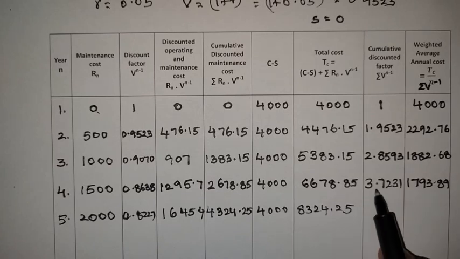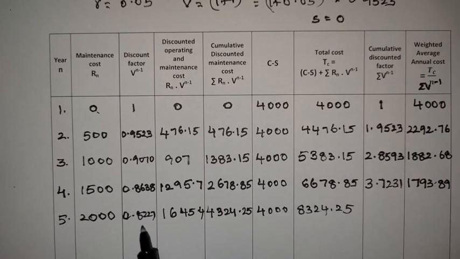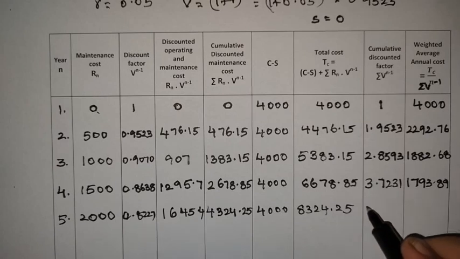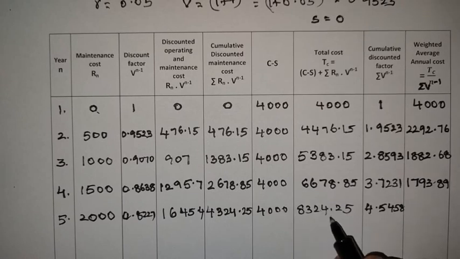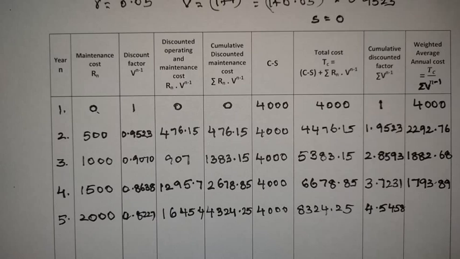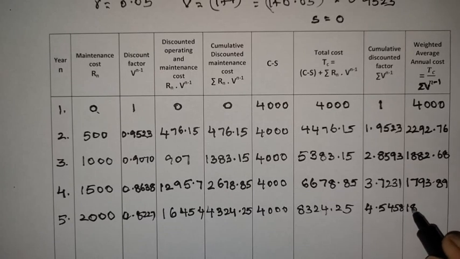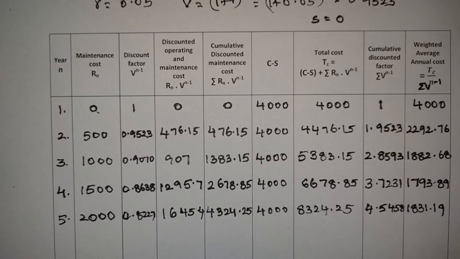Sigma V power n minus 1 is 3.7231 plus 0.8227, which gives 4.5458. Then TC by sigma V power n minus 1 gives 1,831.19. If you see the weighted average value, again it increased.